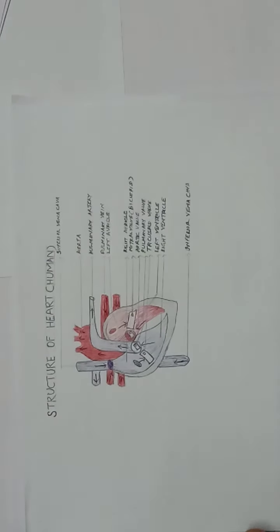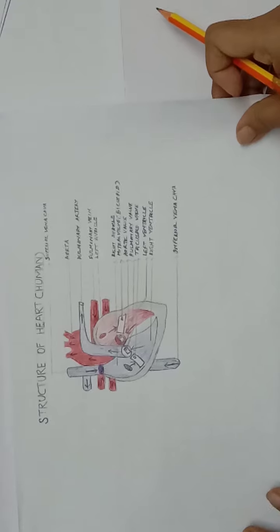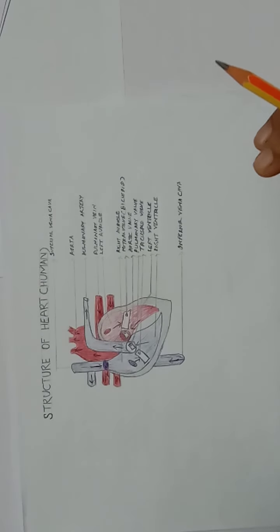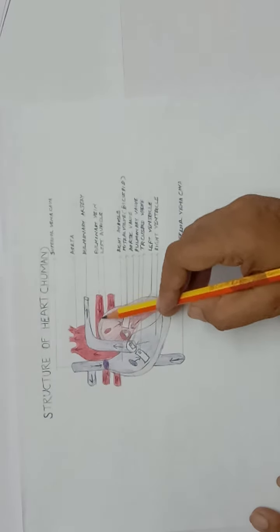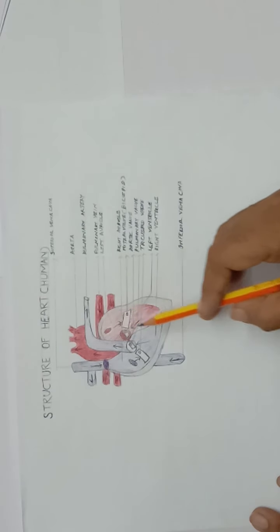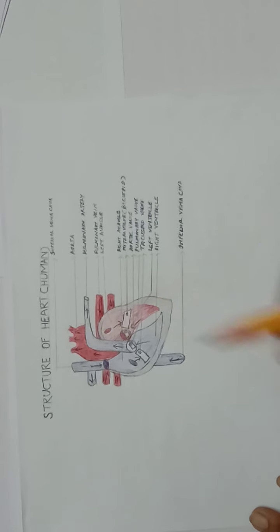So let me tell the summary. I think it is clear now. See, again I will describe what I told you all today. The heart is four chambered. Upper chambers are known as auricles, lower chambers are known as ventricles.